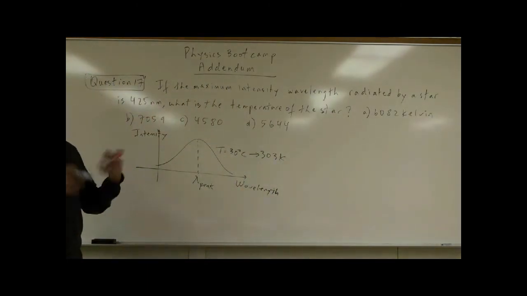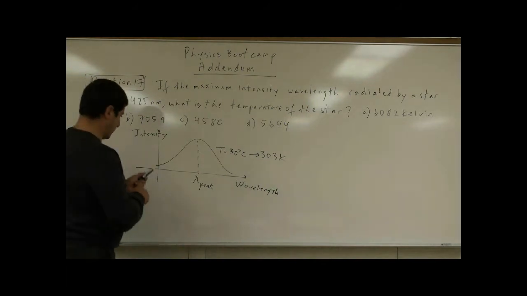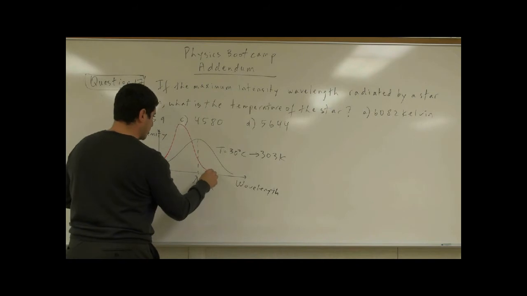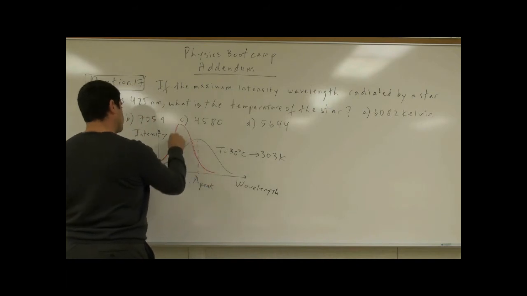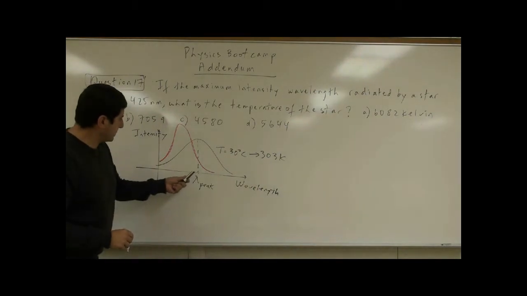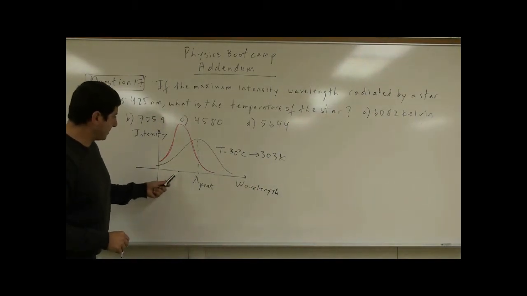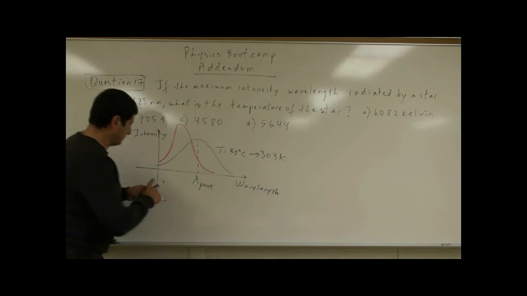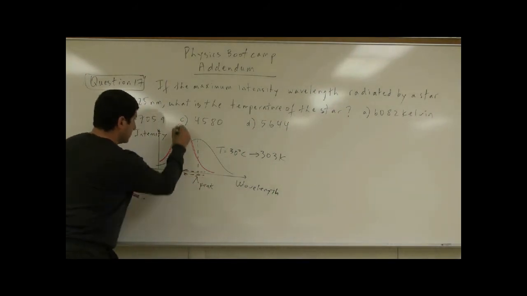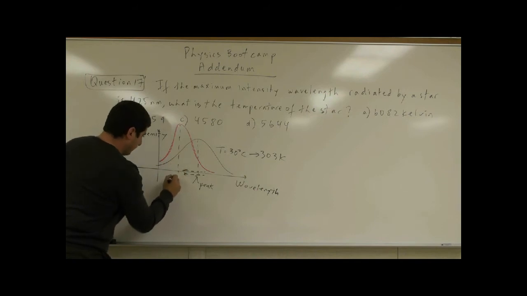Now let's say there's an object that is much hotter. What happens to its radiation spectrum? What tends to happen is that the peak wavelength starts decreasing. It goes in this direction. So lambda peak.